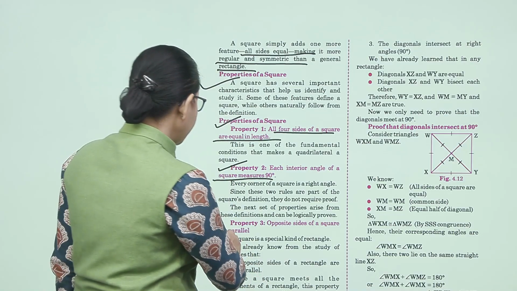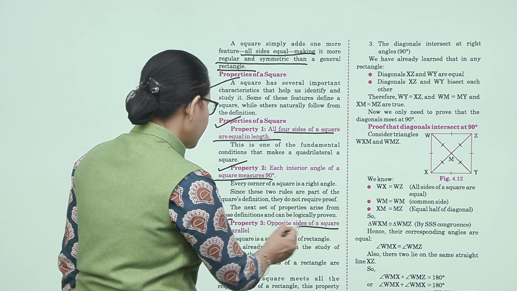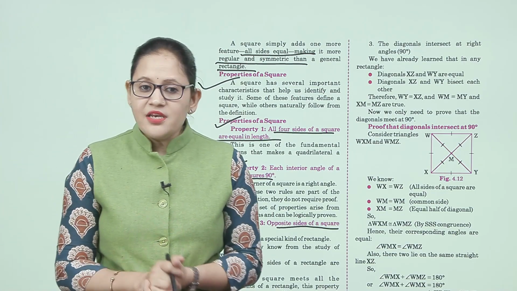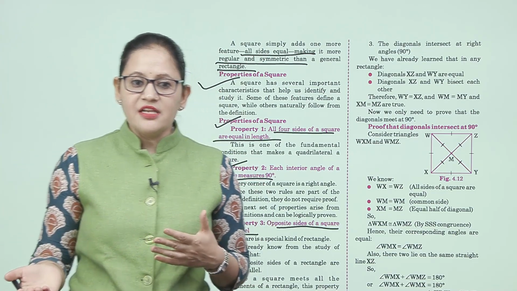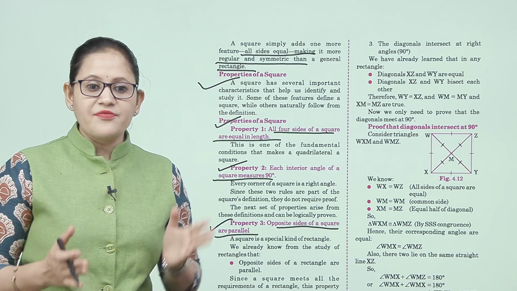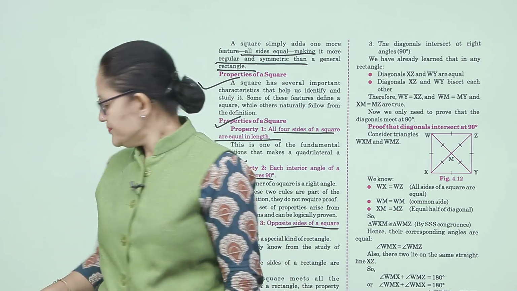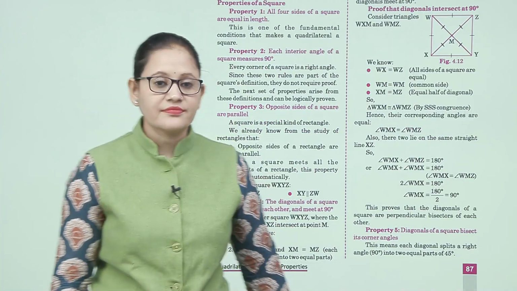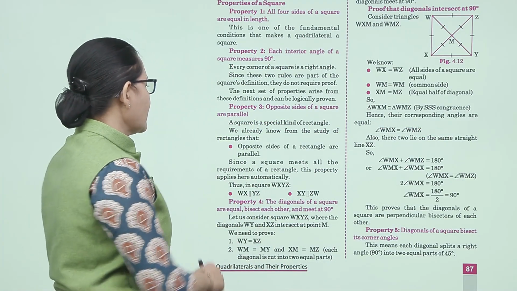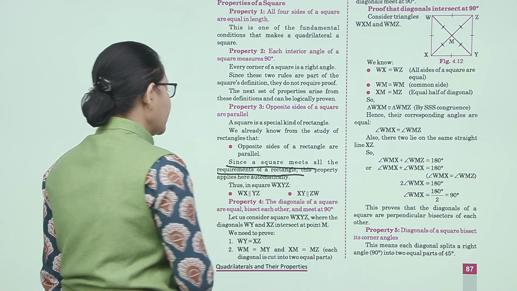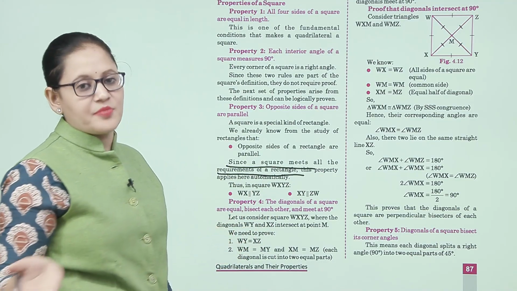Property 3: opposite sides of a square are parallel. A square, we know, is a special kind of rectangle. We already know from the study of rectangles that opposite sides of a rectangle are parallel. Since the square meets all the requirements of a rectangle, this property applies here automatically.